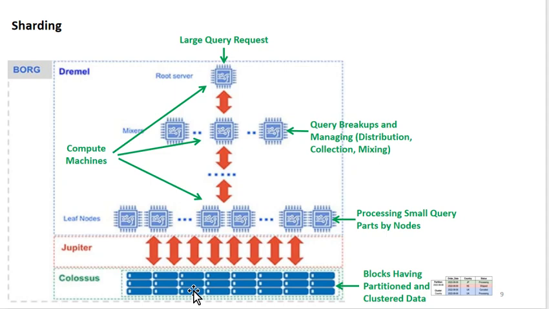That is called clustering. And sharding is done automatically by BigQuery. These three actions, partitioning, clustering, and sharding, make BigQuery data fetching very quick.